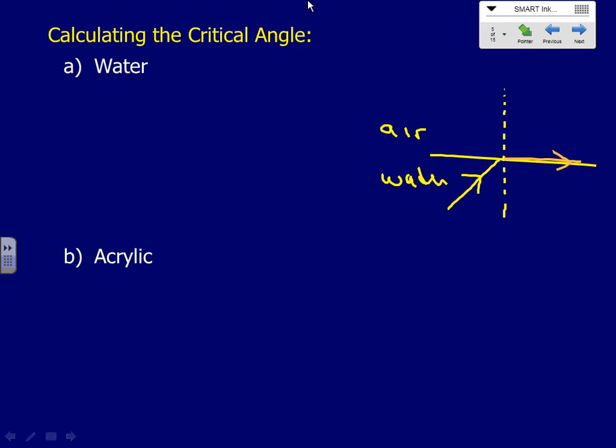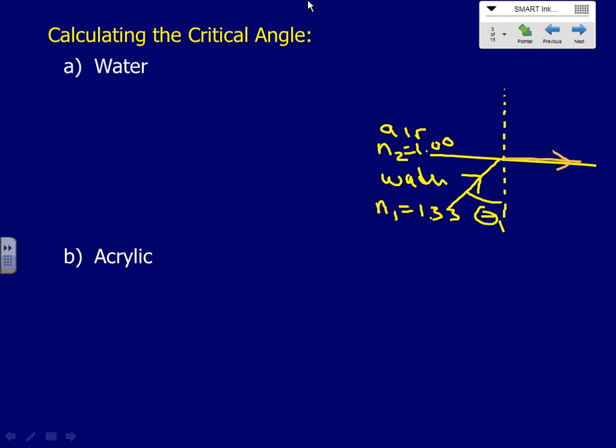My light is starting in here, N1, N2. What was it for water? Tell me. 1.33. What is it for air? 1.00. Which angle is this down here?